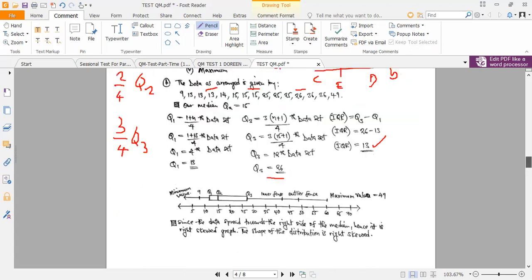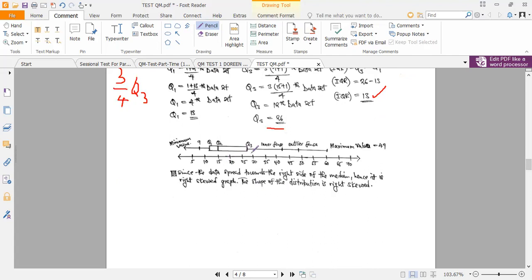So this is how the spread looks. So the comment is that since the data is spreading towards the right of the median, it is skewed to the right. The shape of the distribution is right skewed.